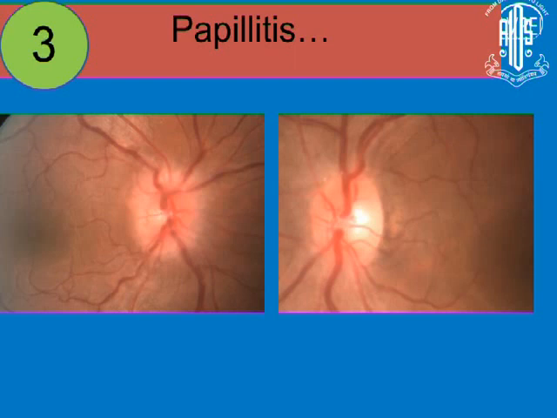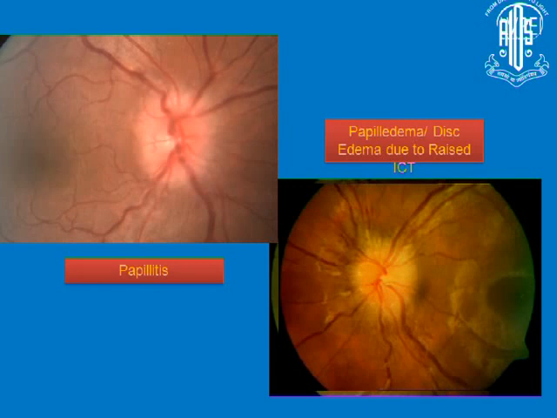If you see this picture from some of those shown by Dr. Nikhil in the last presentation, what we can find is that in papillitis, the disc edema is only mild. There may be a mild vitritis. The vascular toxicity is not so much, and there are no signs of chronicity or hard exudates, such as signs of vascular leakage.